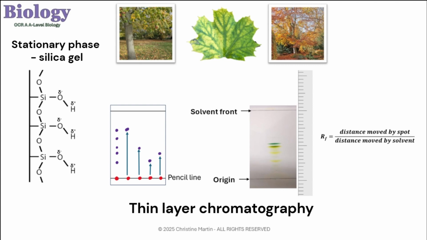Now, it may be that you calculate the RF value for a green pigment to be 0.64 and then conclude that it was probably chlorophyll A, and you can tell that because it shows a bluey green colour, which is what you would expect.